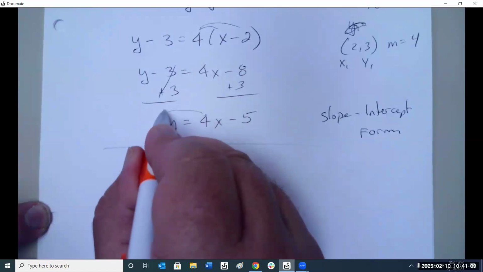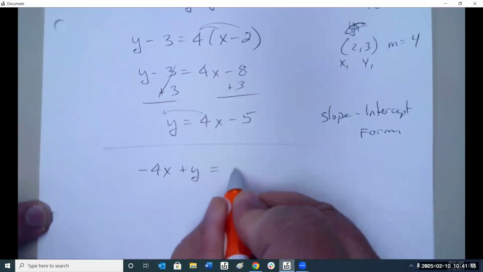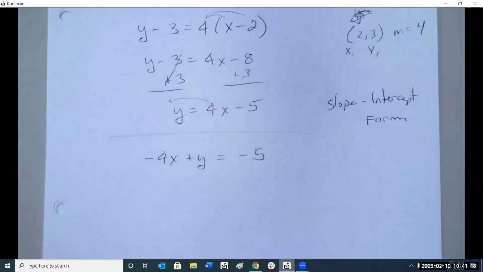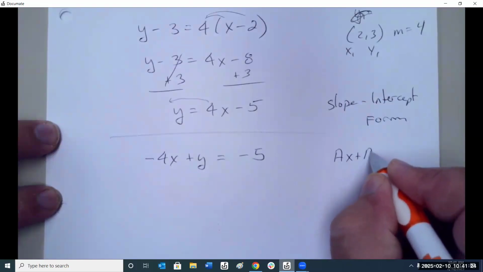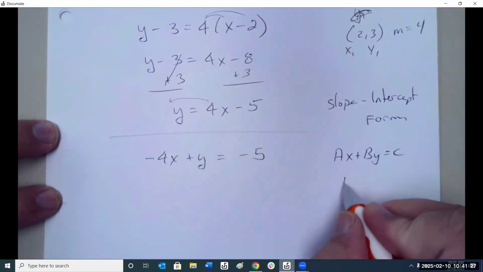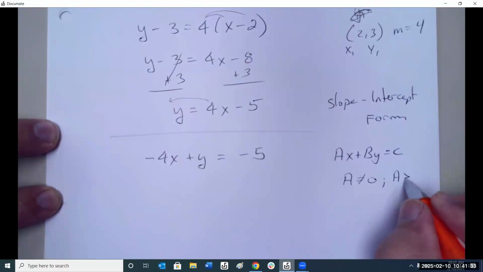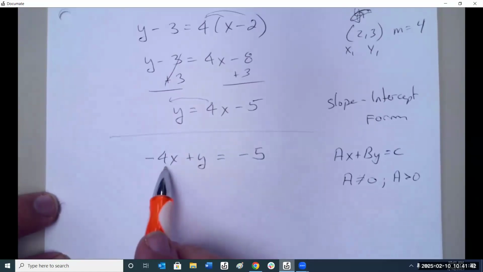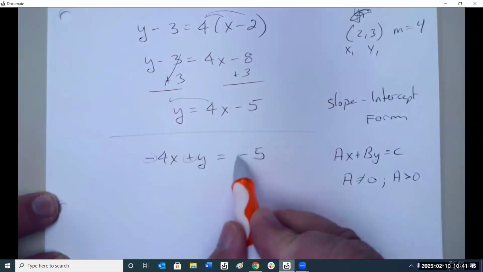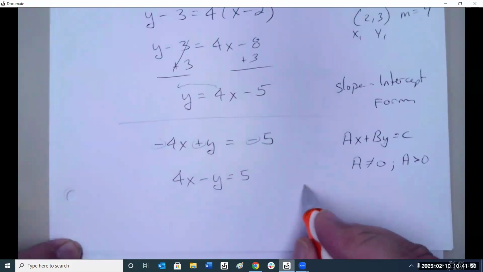Now, if I move the x's and y's to one side, the only stipulation is a cannot equal 0, and it must be positive. So, since that's negative, I change all the signs. Now I'm in standard form.